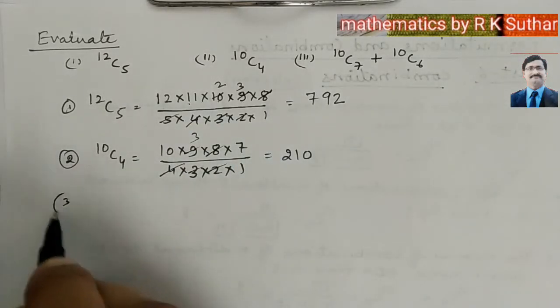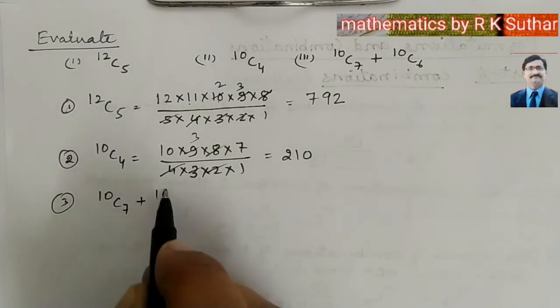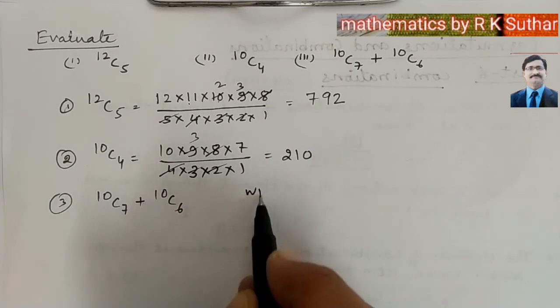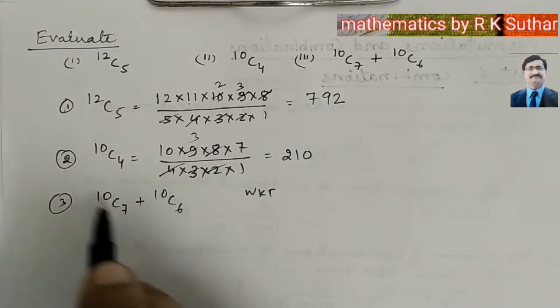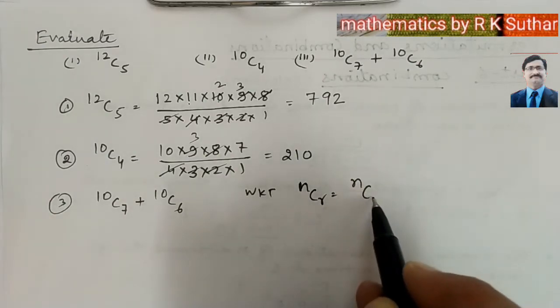Look at this, the third question we have to do: 10C7 plus 10C6. We know the formula: if the difference is less, we use nCr equal to nC(n minus r).